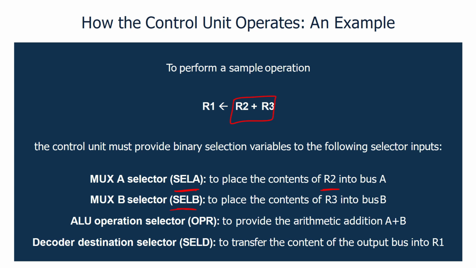Selection line B will help in selecting R3. So these two values will be sent into bus A and bus B. The ALU operation selector is for the operation we want to do, which is addition, and the decoder destination selector helps in transferring the content of the output bus into R1.